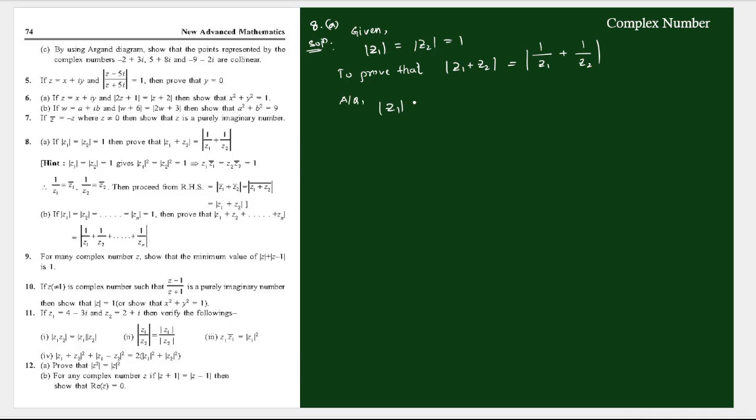Modulus of z1 equals modulus of z2 equals 1. So therefore we can write their squares are also equal to 1.